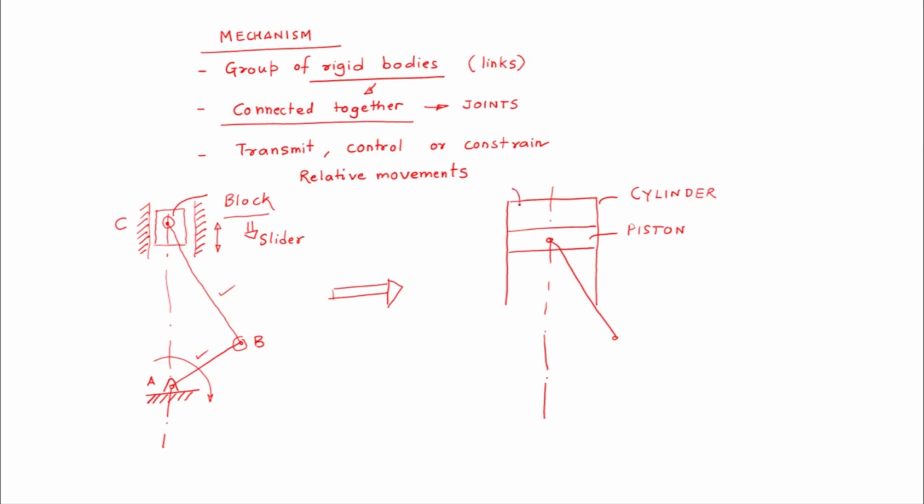The cylinder has openings at its top. There we are having various valves. This piston is connected to the crankshaft. We are having a shaft here which is supported in bearings.